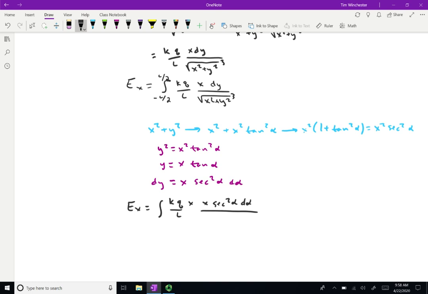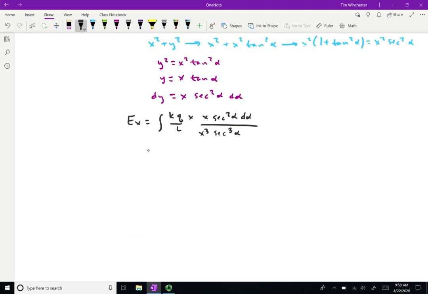And on the bottom, I'm going to have x cubed secant cubed alpha. That was just plugging in these two things that we calculated, the dy and the thing in the square root. Okay, so then I can cancel out some x's and some secants.